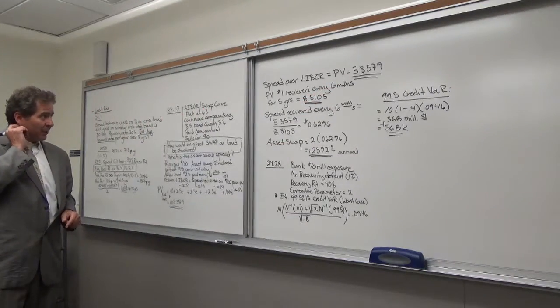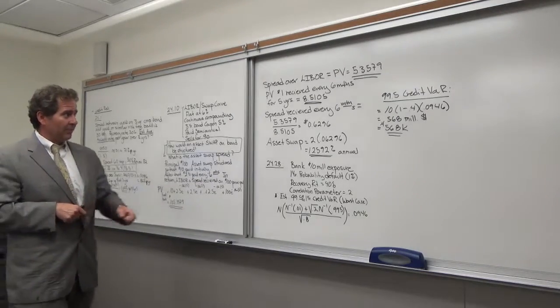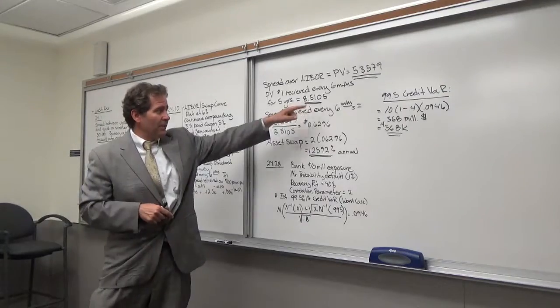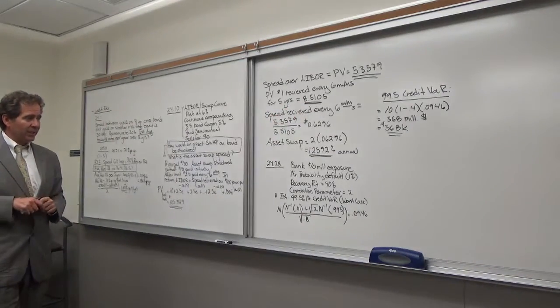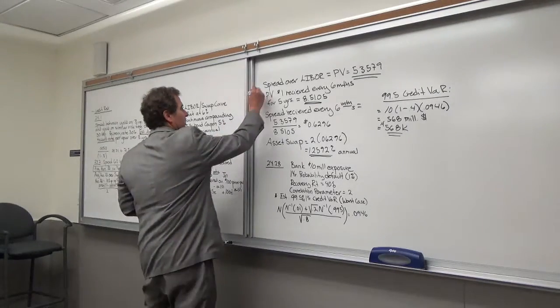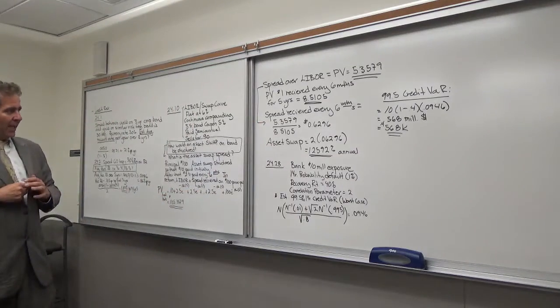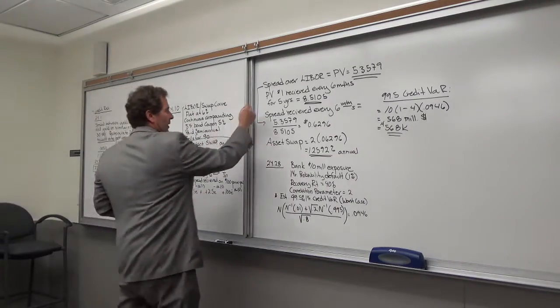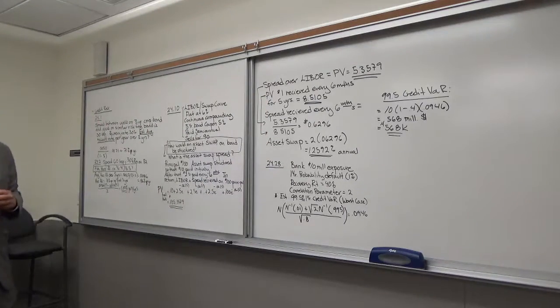So the present value of a dollar received every 6 months for 5 years comes out to be $8.5105. So the spread received every 6 months is going to be the present value of the spread over the LIBOR, divided by the present value of the $1 received every 6 months for 5 years.